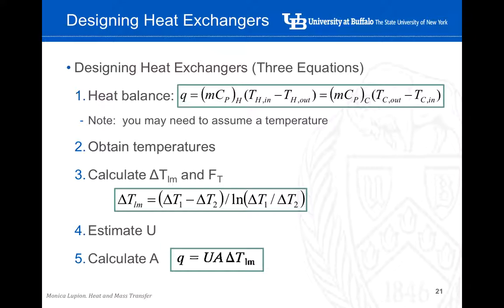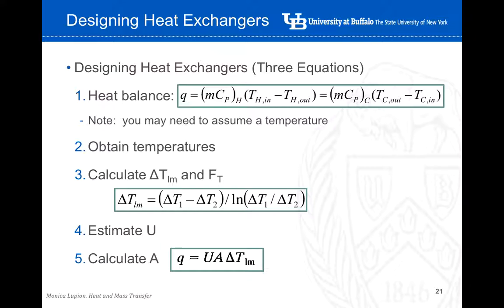Sometimes we don't know the values of the 4 temperatures that we need, and we might need to assume one of the 4 temperatures. Then we need to calculate the delta T log mean when it's a single pass, and in addition the correction factor if there is a multi-pass heat exchanger.